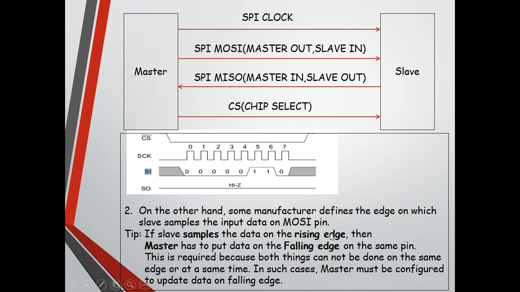I just want to convey this message: suppose the slave is sampling the data on the rising edge, then the master should not put the data on the rising edge. We have to configure our master in such a way that the master puts its data on the falling edge, so that there are no chances of data loss. I hope it's clear to you.